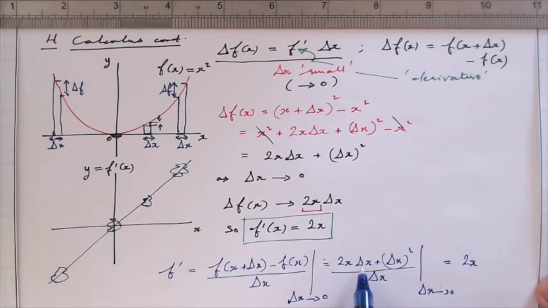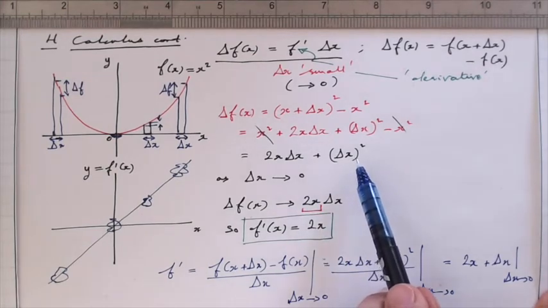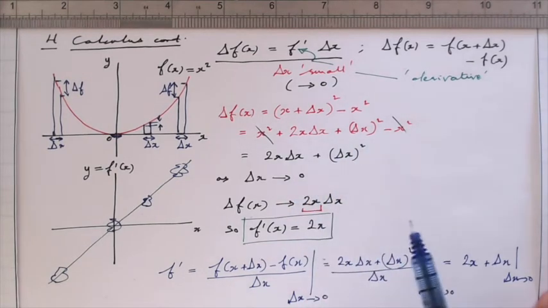We cancel one factor of delta x, so we have 2x plus delta x, and we want to take delta x to 0. And then you can see we don't have to make this argument about, well, this is very, very small compared to this, because now we have that f primed is something which is absolutely non-zero as delta x goes to 0, plus delta x, which we're just going to take to 0.